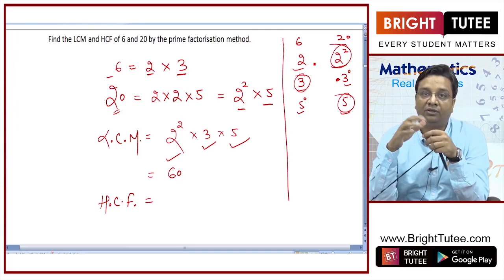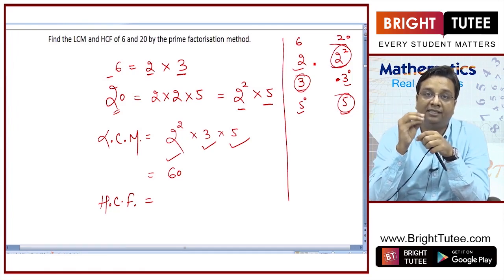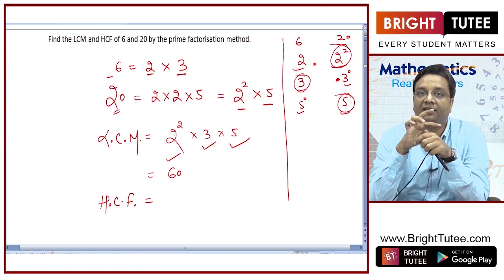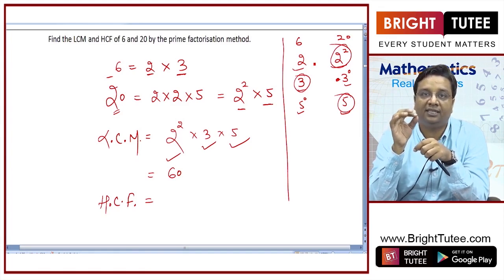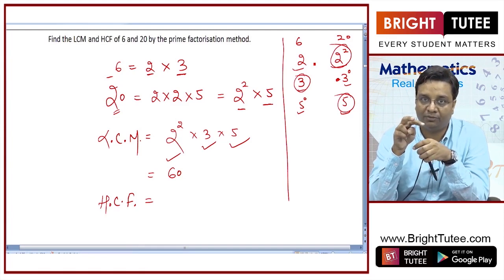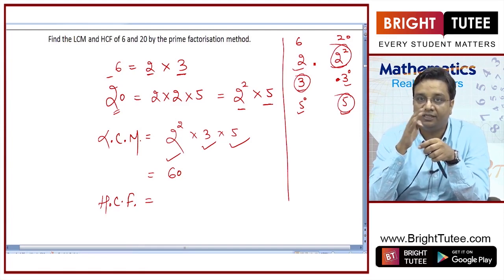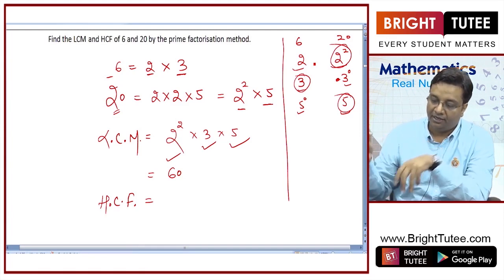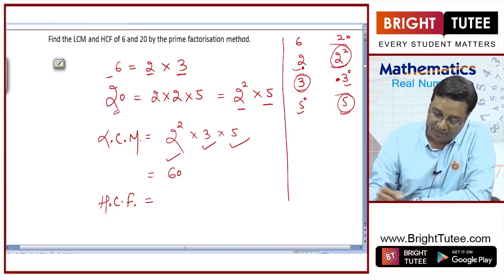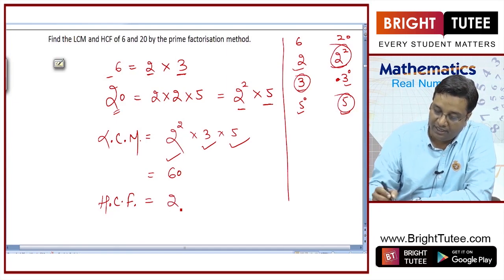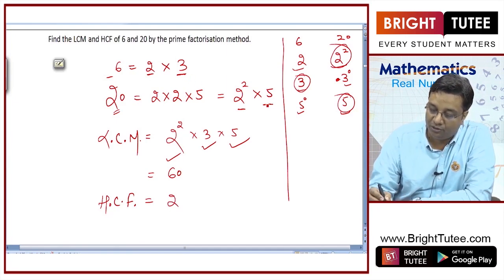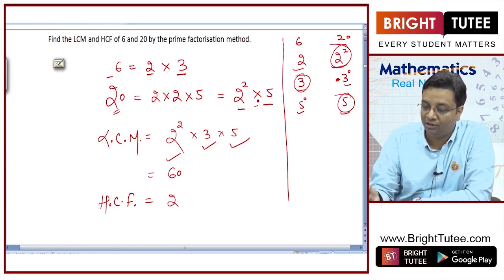So you have to keep this in mind that in LCM, lowest common multiple, we select higher powers of primes, and in highest common factor, that is HCF, we select lower powers of primes, because this is a factor, right? It should be present in both. Now highest common factor will be lowest power of prime 2, and 3 is not present here, so 3 raised to power 0 will get selected, right, which is 1.